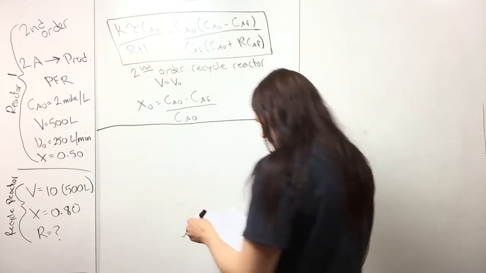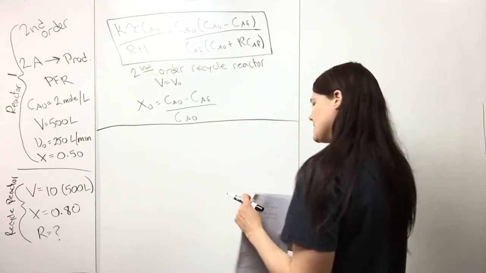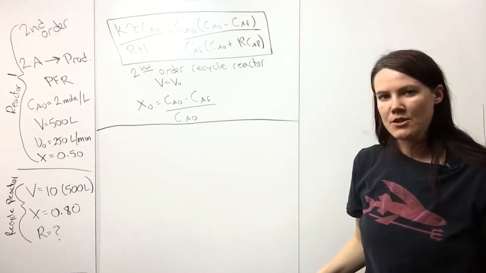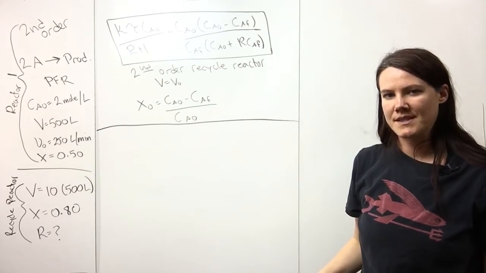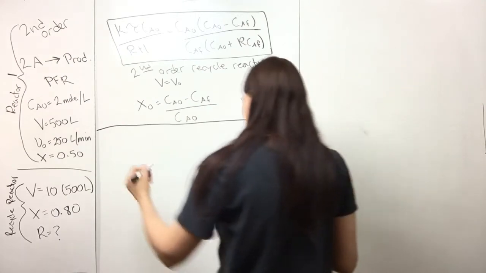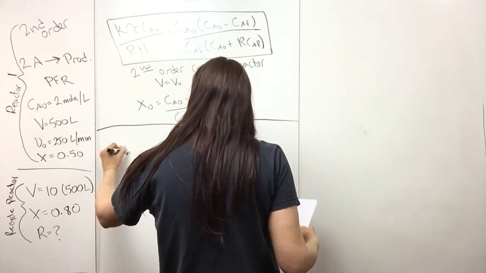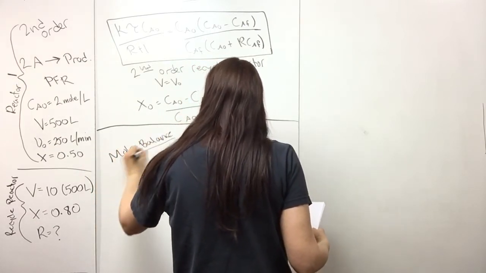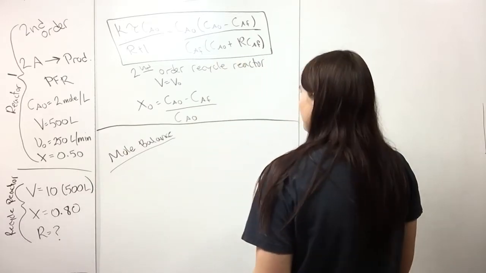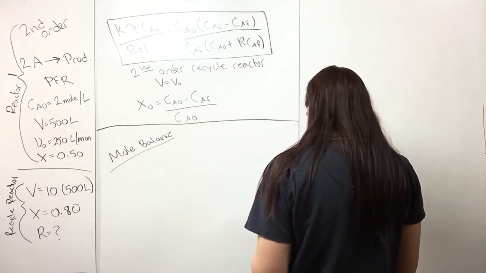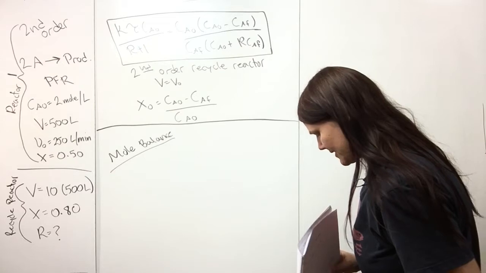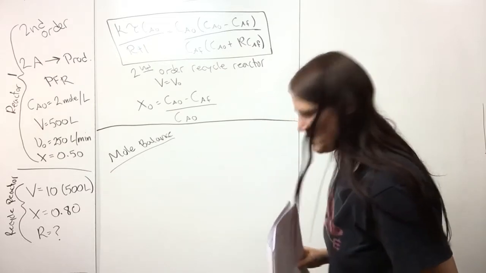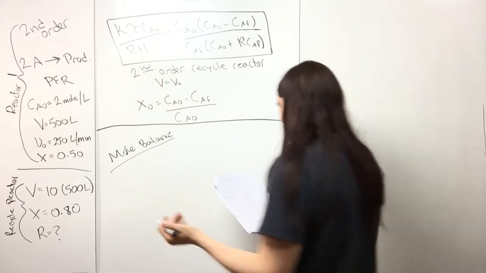So anyway, just starting at the beginning, you approach this problem the same way as all the others. So first of all, you do a mole balance. This is where things can get a little bit tricky. You can do your mole balance two different ways for a recycle reactor.